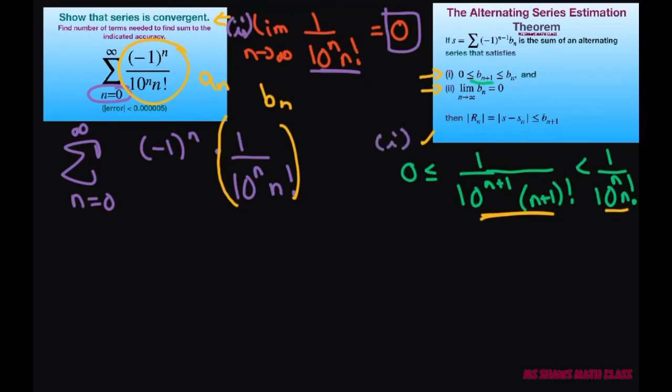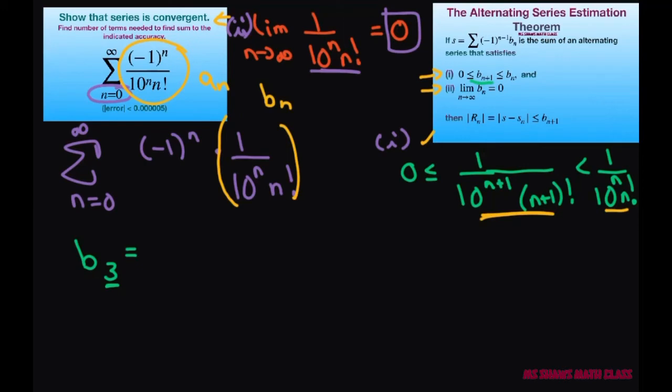Now, let's do the estimation part. So let's look at b sub 3. So this would be 3 number of terms. That's if we start at n equals 1, but let's just look at this right now.